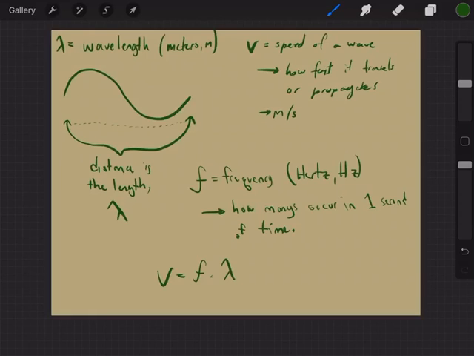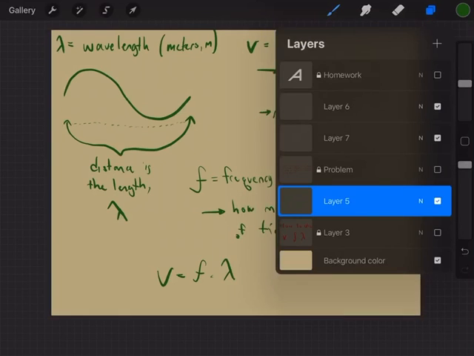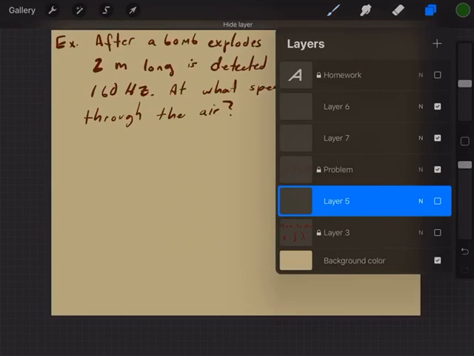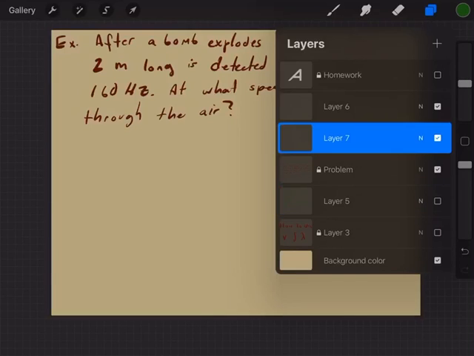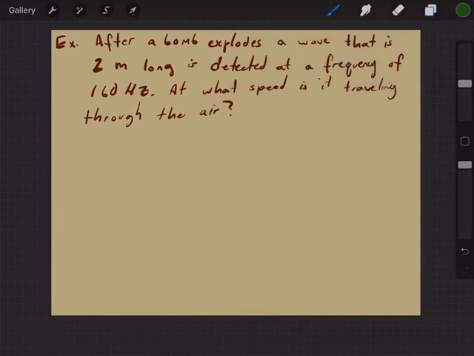So we should be ready to go to do an example, a mathematical example. So let's go ahead and do that. I have this example ready, and it says, after a bomb explodes, a wave that is 2 meters long is detected at a frequency of 160 hertz.